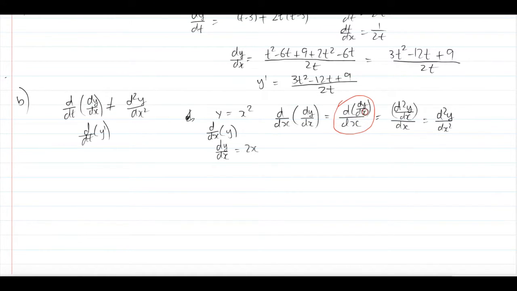The problem, however, is that our function here has t as its variable. Our formula right here has x as its variable, so we're deriving in terms of x. So we can't do that because we know this function has t. You can't derive a function with t in terms of x, it's not possible.